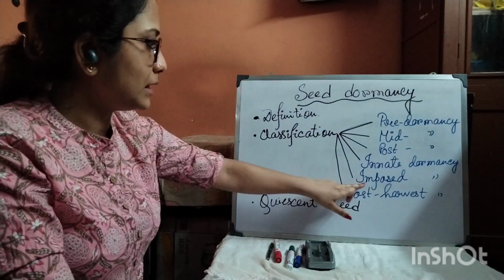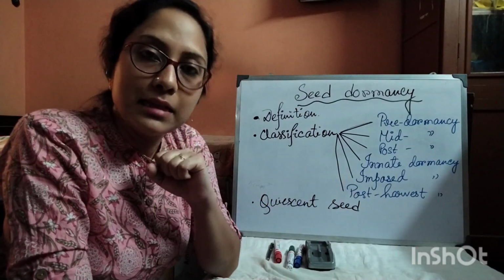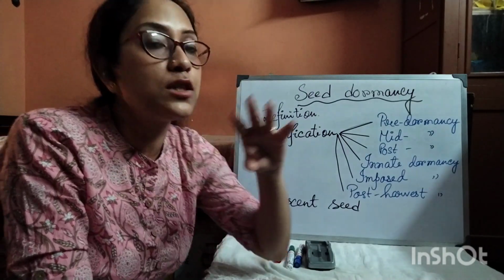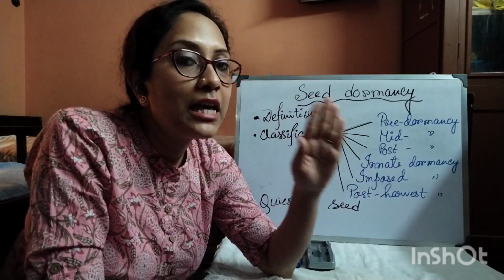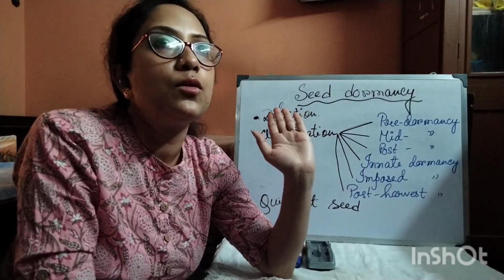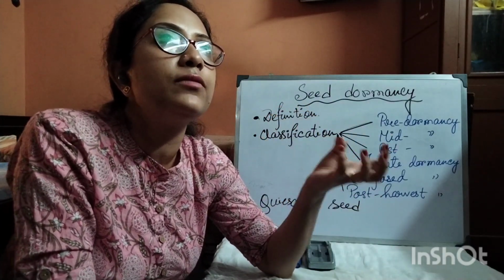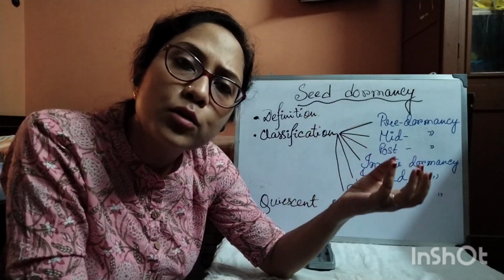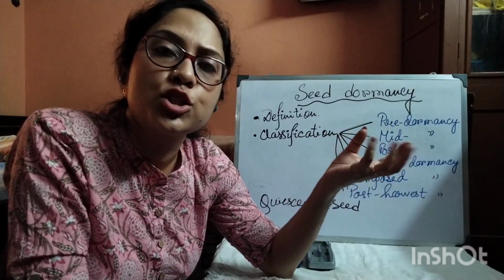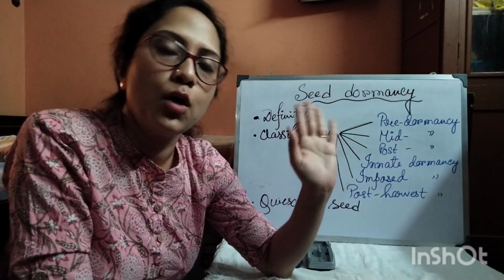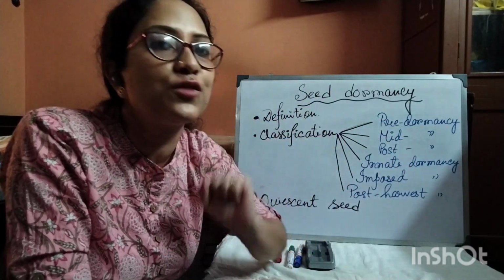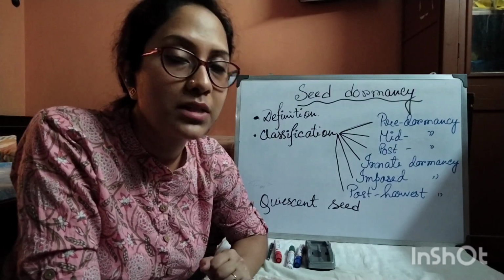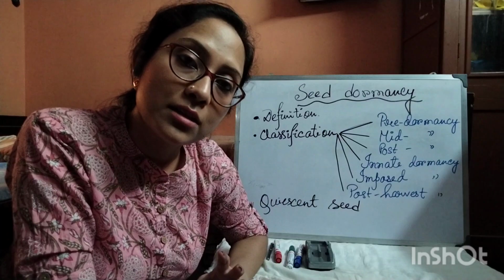Okay, now coming to the next point, which is imposed dormancy. In case of imposed dormancy, the outside environment factors important for seed germination are an ample amount of water, a higher concentration of oxygen, air, etc. If the outside environment is not favorable, then the seed will never germinate, and this situation is termed as imposed dormancy.